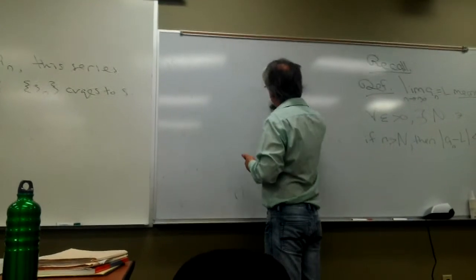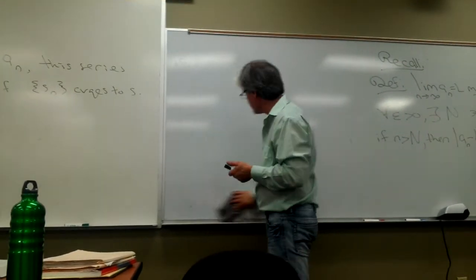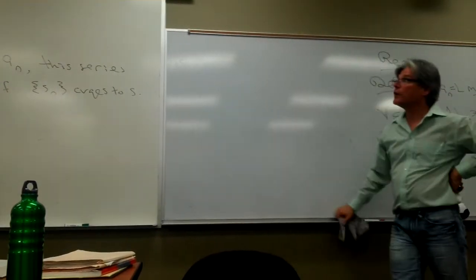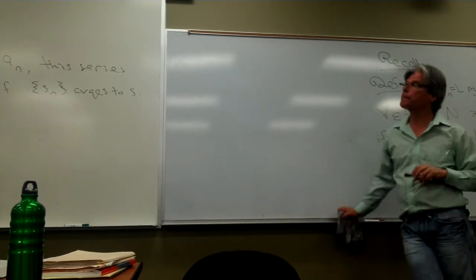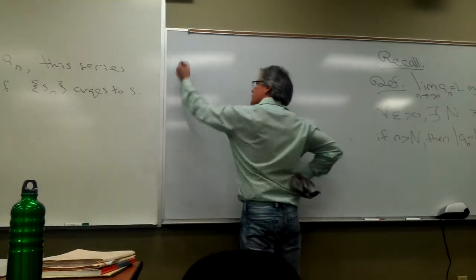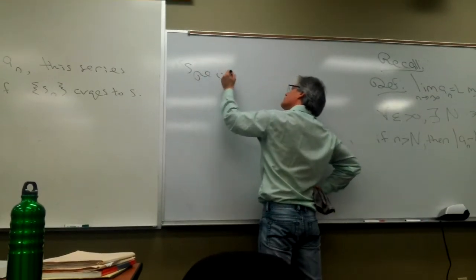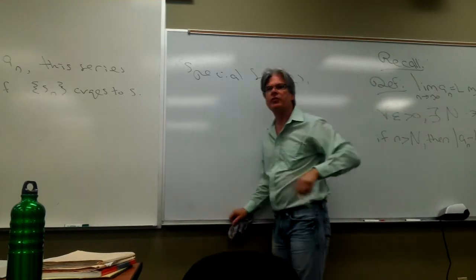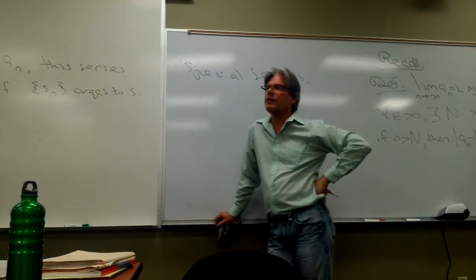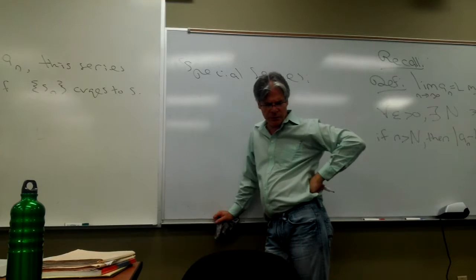Now, I think there are some special types of series you and I can determine whether or not they converge. Let's just start with one of them. It's a very special series. Something of the form, shoot, you guys, I have to slow down because your author's notation is a little bit different.